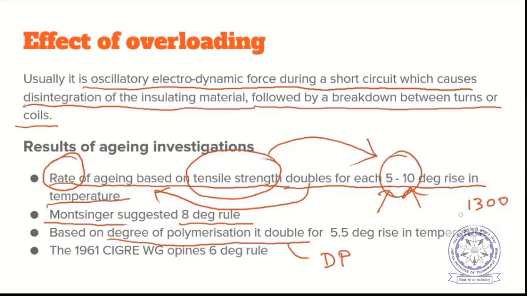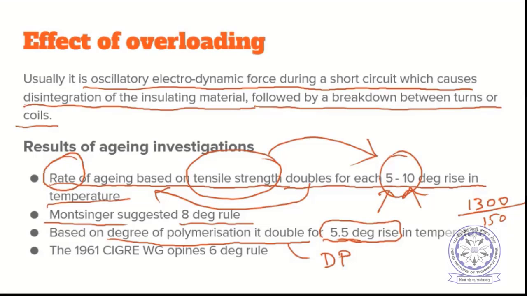It is about 1300 for new, and for aged around 150 to 300. Then based on this parameter, the aging doubles for a 5.5 degrees centigrade rise in temperature.